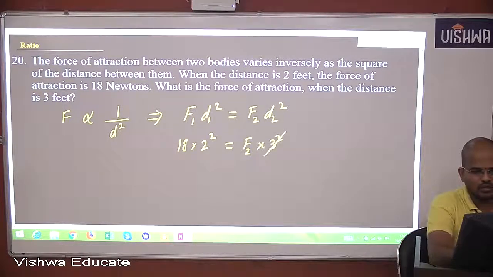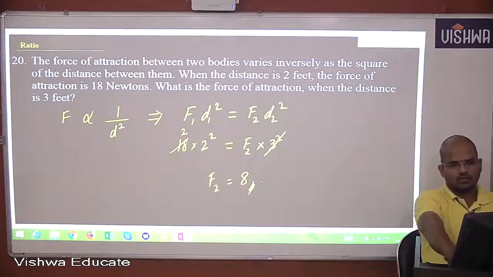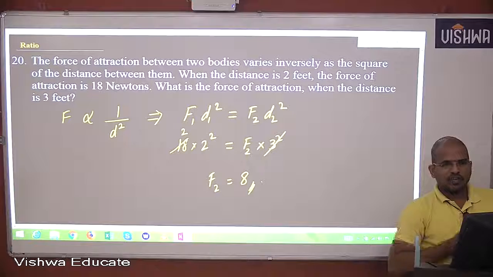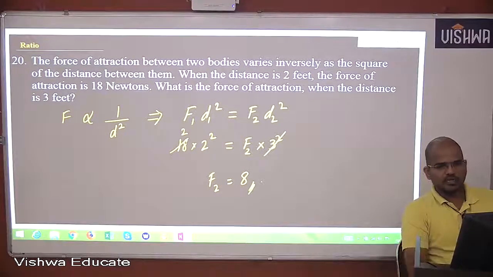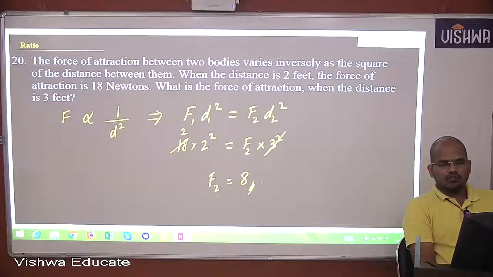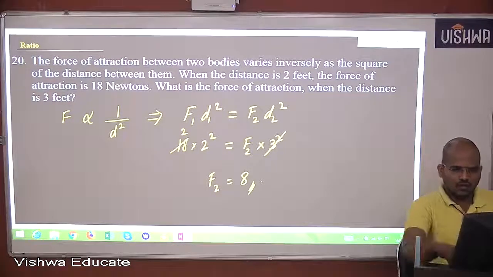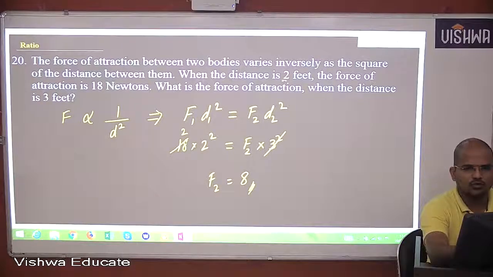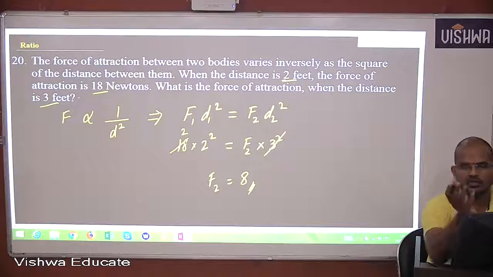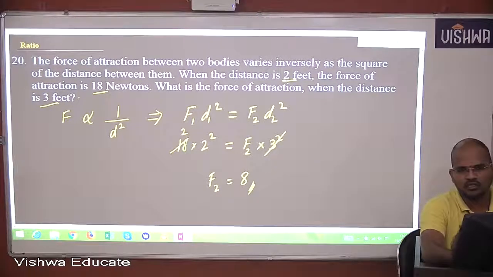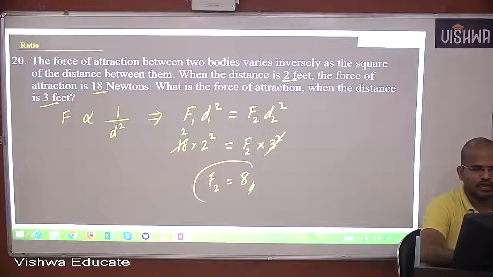9 F2 is 18 times 4, so F2 is 8. As it varies inversely, as the distance increases, force decreases. So from this, we conclude that the distance is 2, force is 18, and the distance is 3, distance increased. When the distance increases, force will decrease, isn't it? So F2 is 8.